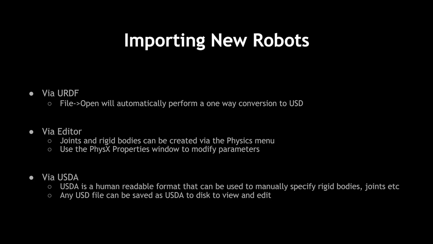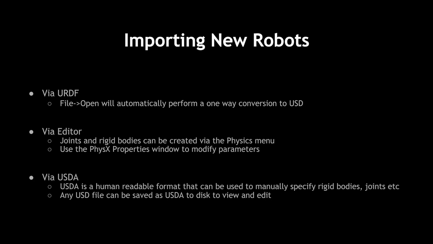The next way to create a robot is, let's imagine that you had imported visual meshes for your robotic arm. Now, in this preview release, we're somewhat limited in how we can import meshes, but in the next release, you will be able to import FBX files, OBJ files, and a couple other formats directly into the editor.